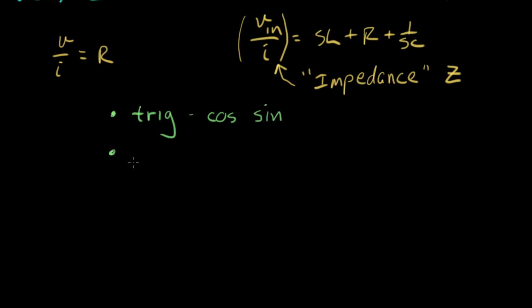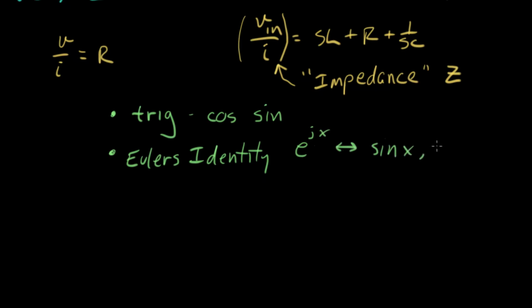We're also going to review Euler's identity. Euler's identity is important because it's the thing that allows us to relate e to the j x, and we get some sort of relationship to sine of x and cosine of x.